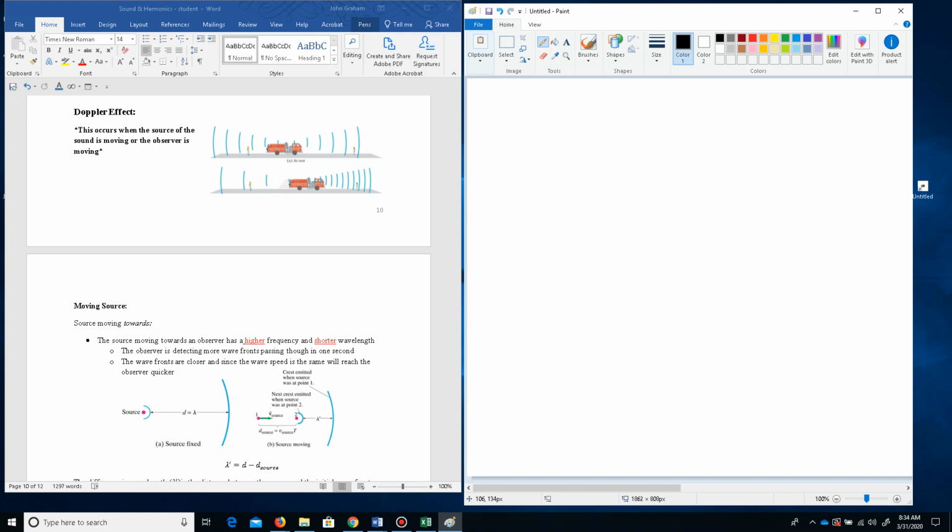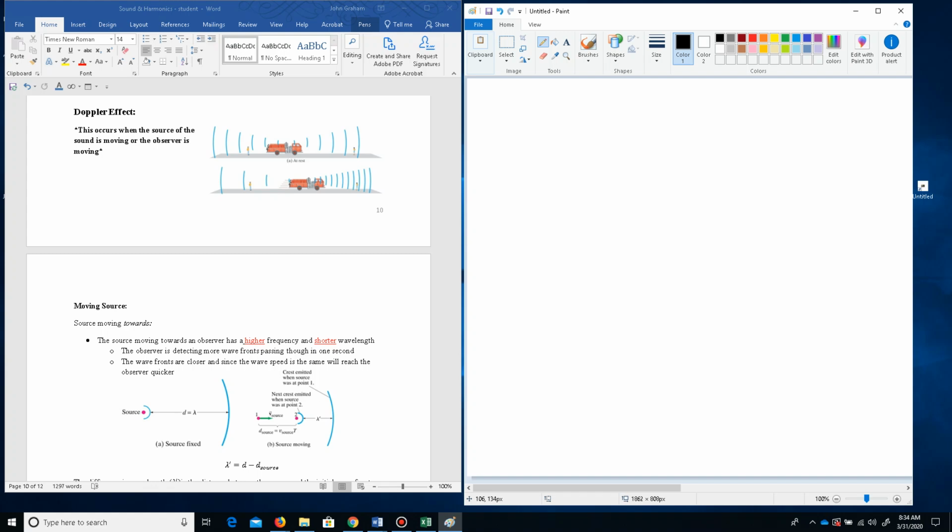If we think about this fire truck at rest with the siren going off, you can have a person behind it or in front of it, and they're experiencing the wavelengths, which stay the same for both sides as the sound goes out.